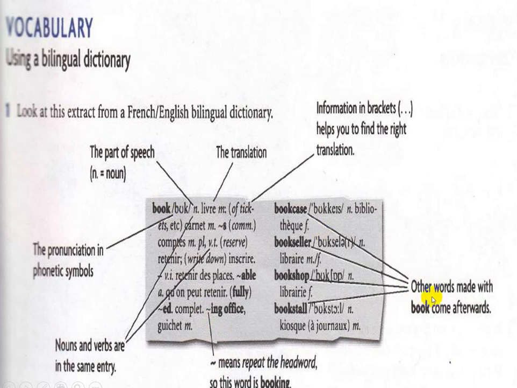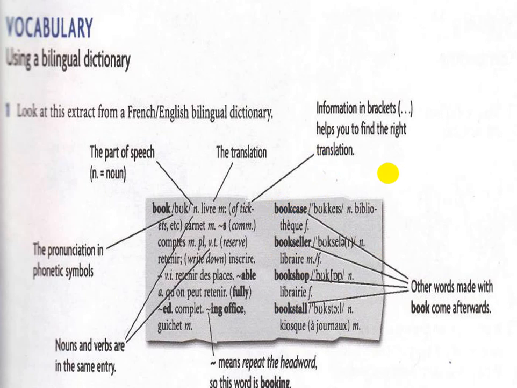Here other words made with book come afterwards. Okay. أكو كلمة book وهنا مثلا وراها bookcase, bookseller, bookshop, bookstall. فهاي معناها أكو كلمات أخرى مع كلمة البوك تصبح كلمة.